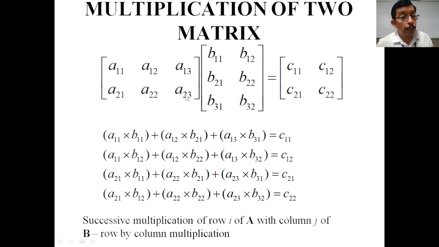The last element of the second row, A23, multiplied by the last element of the first column of the second matrix, B31. Then we receive the first element of the second row of the new matrix, C21, after adding each multiplied element.